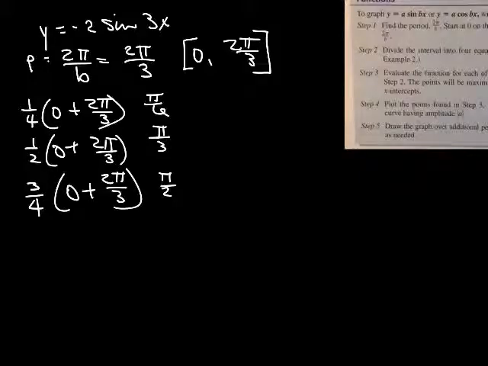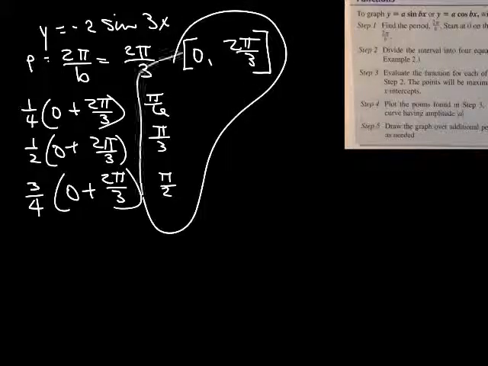Okay, next step. Evaluate the function for each of the 5 values resulting from step 2. So we've got our 5 values here, and we are going to evaluate the function based on that. And this is where we have our chart. So we're going to use each of these as our x values, because it's going to be along the x-axis, and we're going to find out what our y values are.